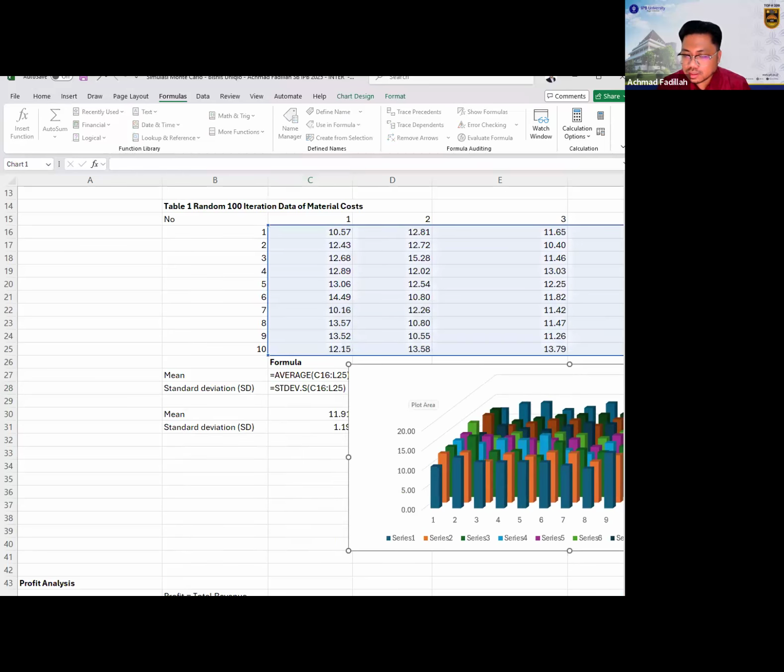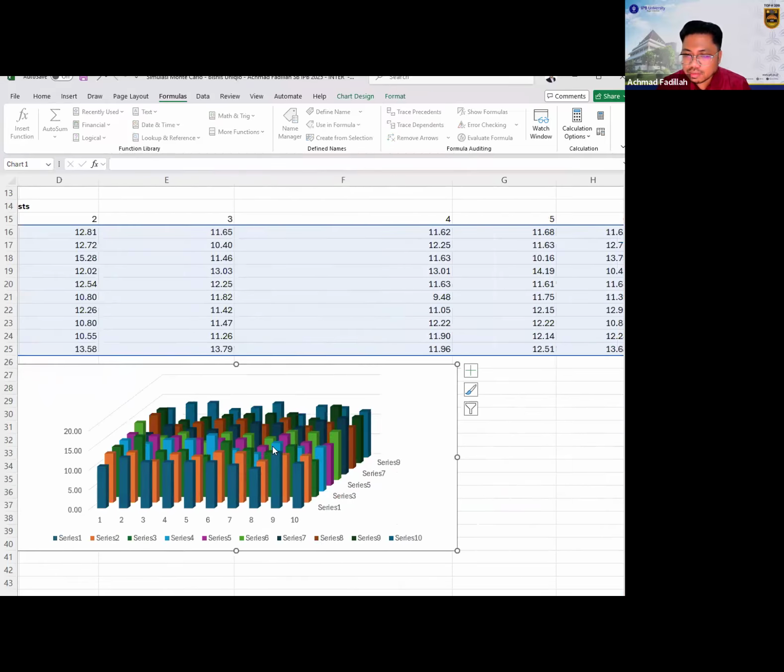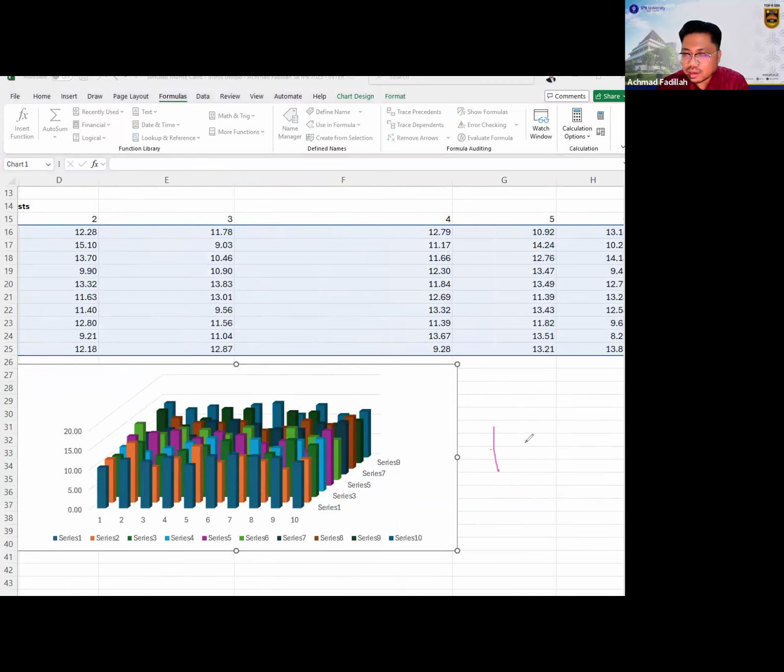Based on the table of the iteration, you can even see how it changes every time you press F9, or refresh.